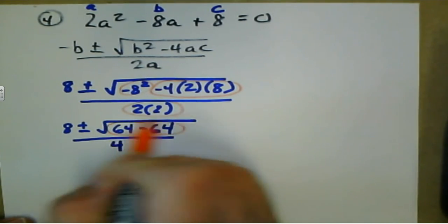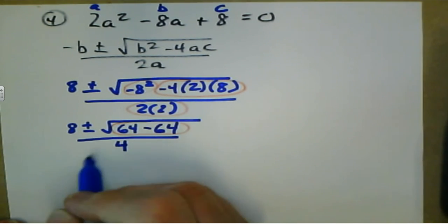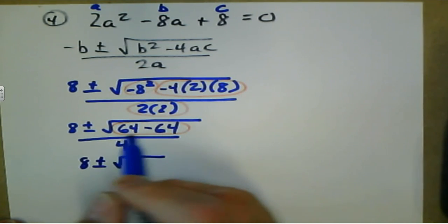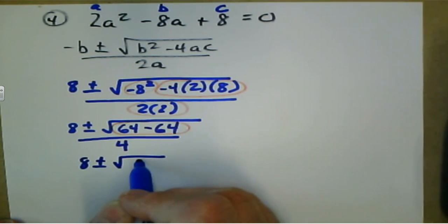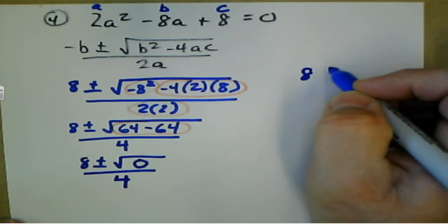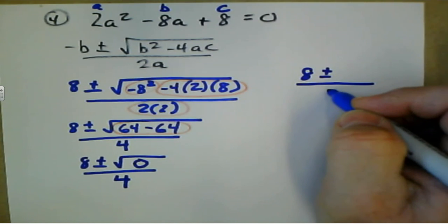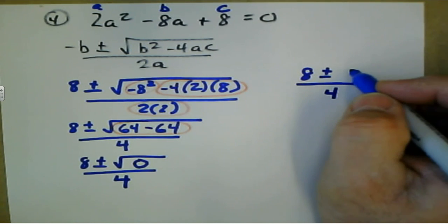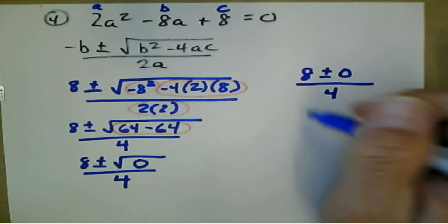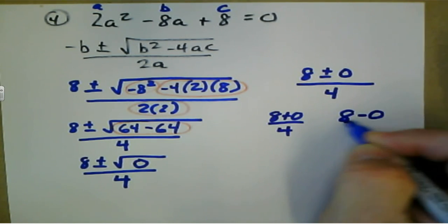This is one of the outliers here, guys, and I did do this for a reason. 64 minus 64? What's 64 minus 64? 0. What's the square root of 0? Anybody? 0. So you have 8 plus 0 over 4 and 8 minus 0 over 4.